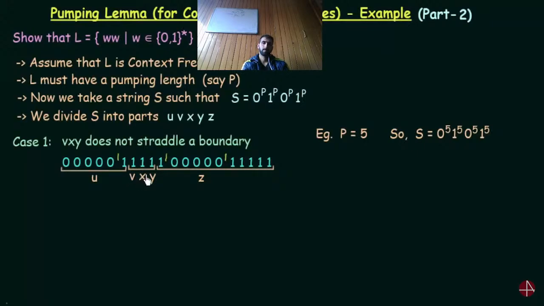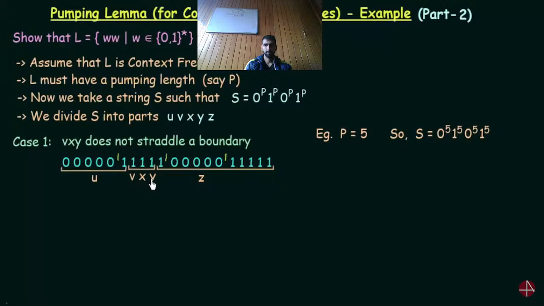Now the part vxy just lies in one part. It does not cross this boundary, nor does it cross this boundary. That is what I mean by vxy does not straddle a boundary. Now this is one way in which we can divide our string into these 5 parts. Let's see if condition number 3 is holding.